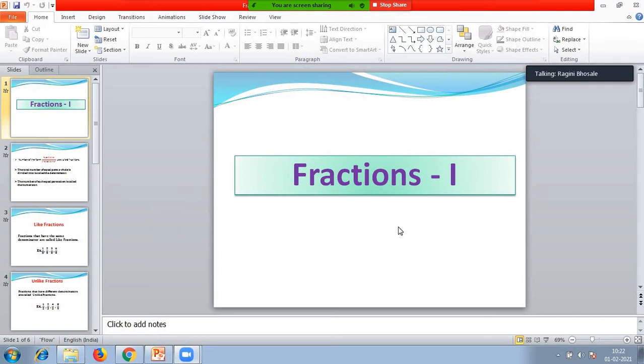So what do you mean by fraction? Fraction is a part of a whole. Okay, fraction is a part of a whole, and a whole can be a region or a collection. Just a minute, let me open the slideshow, then we will start.